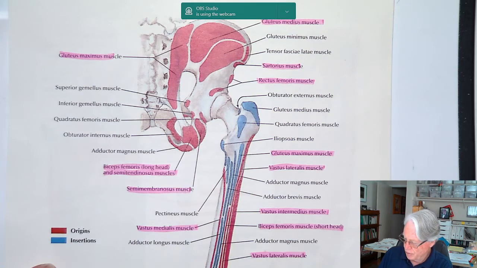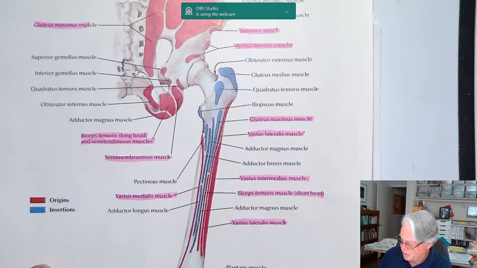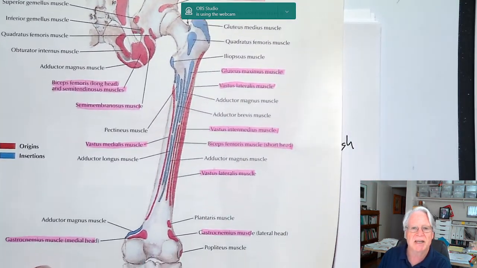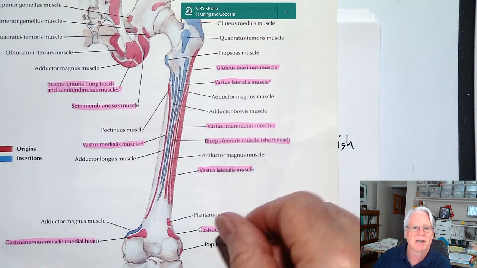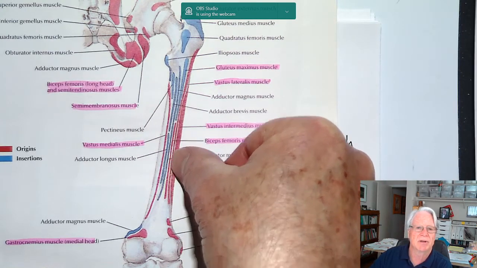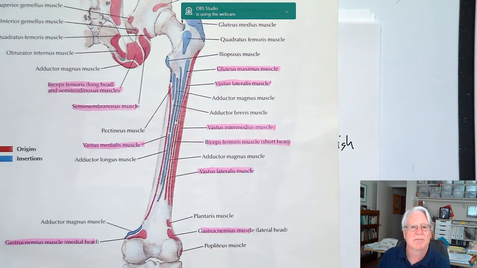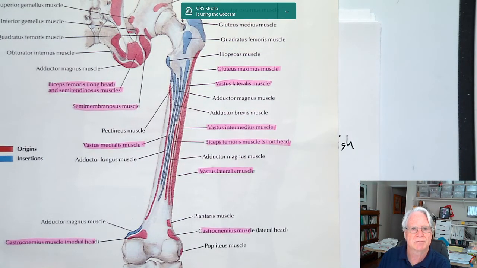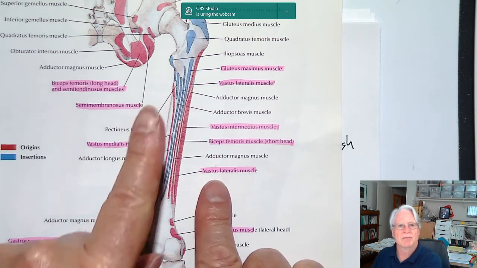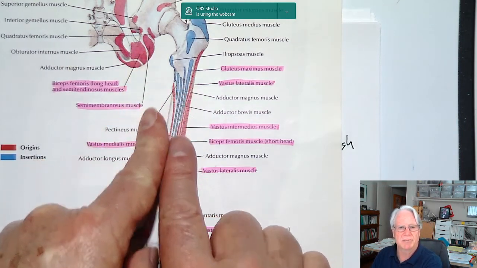Then we're going to need the biceps femoris, linea aspera, which is the short head, and it's simply a line along the back of the femur. So we've got them coming from here and here.